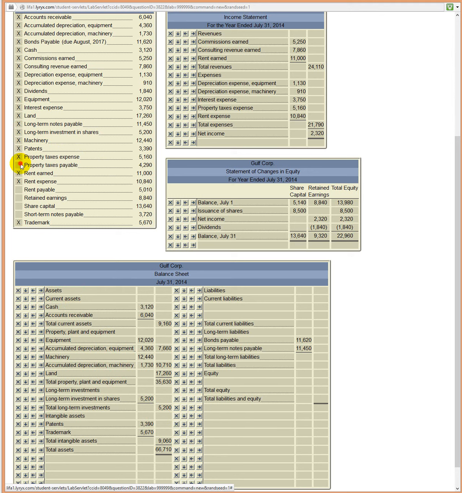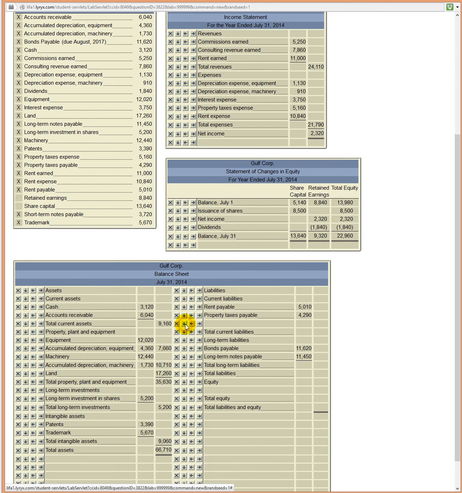The long-term investment in shares we already have taken care of. It's an asset. Property taxes payable would be presumably a current liability because it would have to be paid within the next year. 4290. Rent payable would also be a current liability for 5,010. Then we have short-term notes payable, so we have to give ourselves a little bit more room.